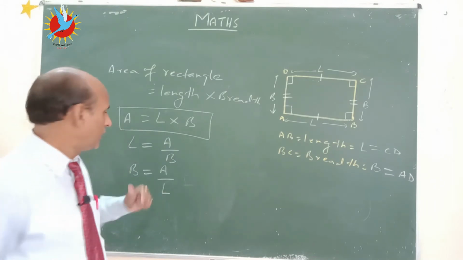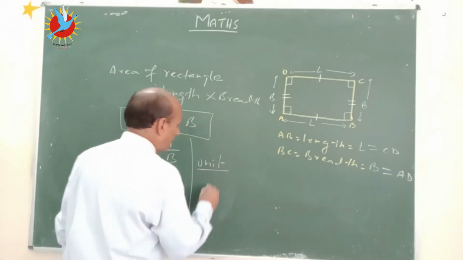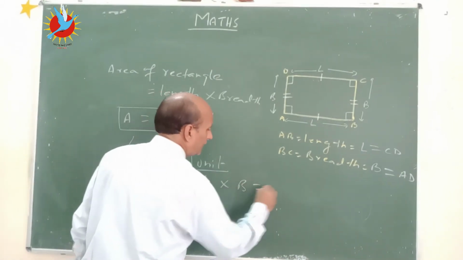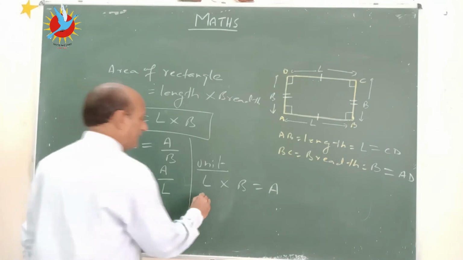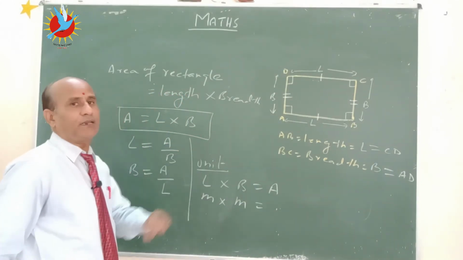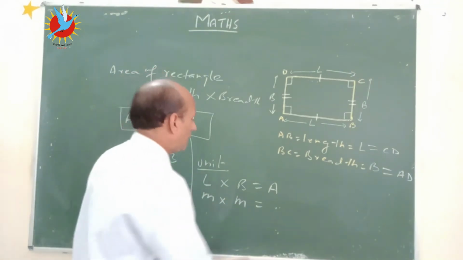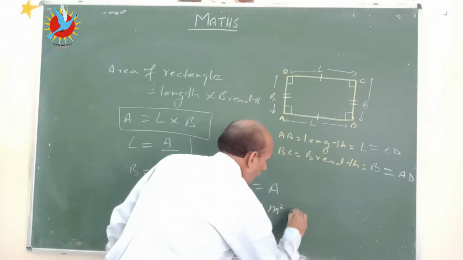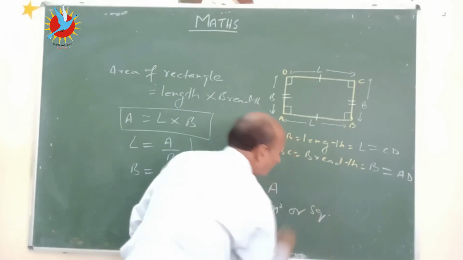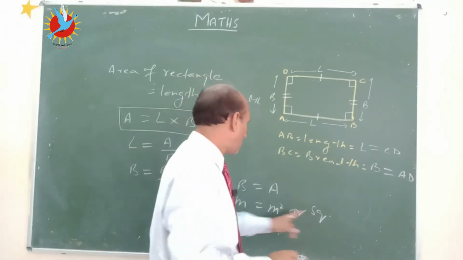Now what is the unit of area? Length, width, area. If length is in meters multiplied by meters, it is called meter square or square meter. You can write it in this way, or you can use sq, which is a short form of square.